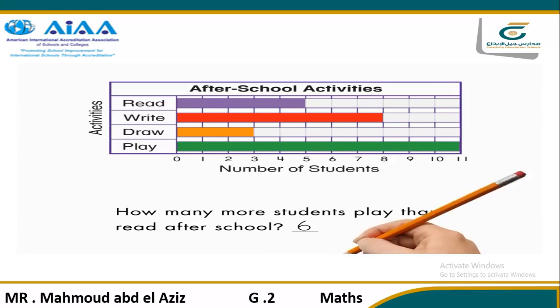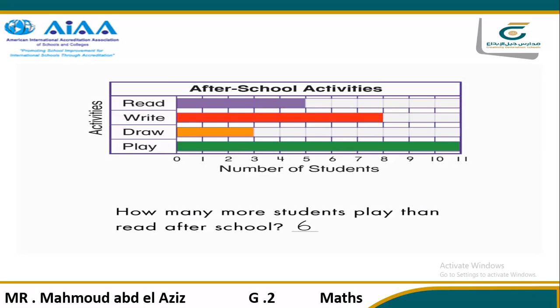Listen and look for other students who correctly compare the lengths of the bars to solve the problem. Some students may compare the lengths of the two bars by counting up from the length of the bar for reading until they match the length of the bar for playing. 1, 2, 3, 4, 5, 6.